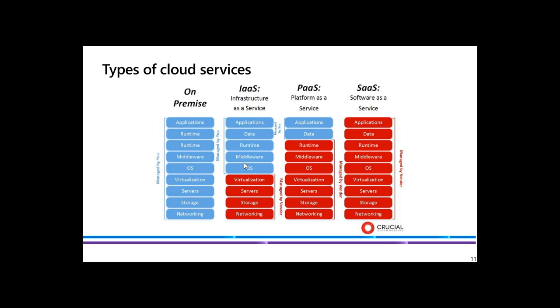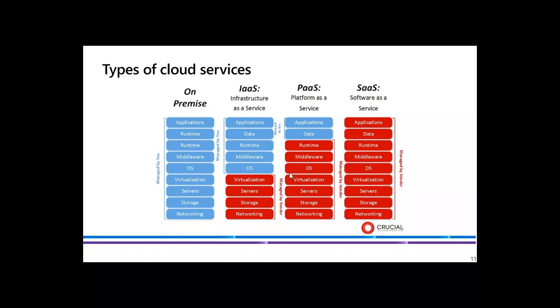In this type, everything is managed by you, whether it is networking, storage, servers, virtualization, OS, middleware, runtime, data, or application. With infrastructure as a service, virtualization, servers, storage, and networking are managed by your vendor. The vendor means the cloud service provider, like Azure. The rest of the things are managed by yourself.